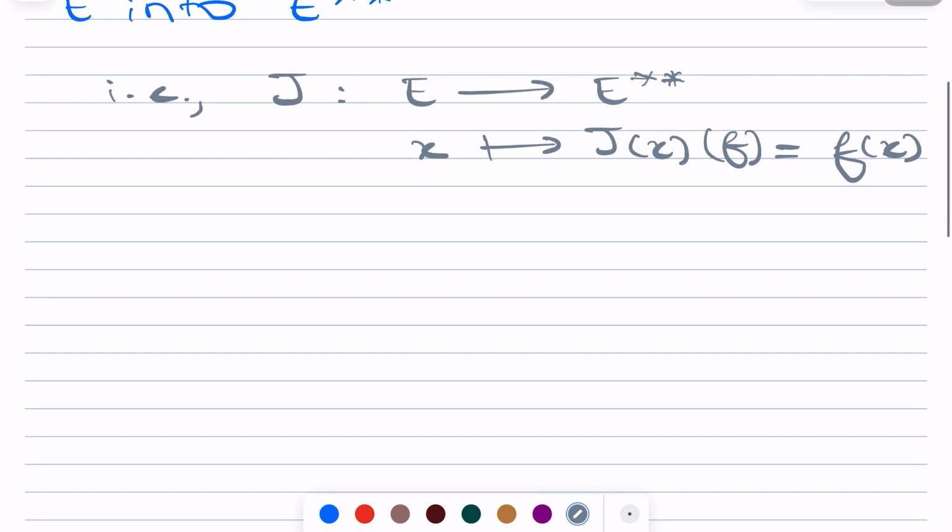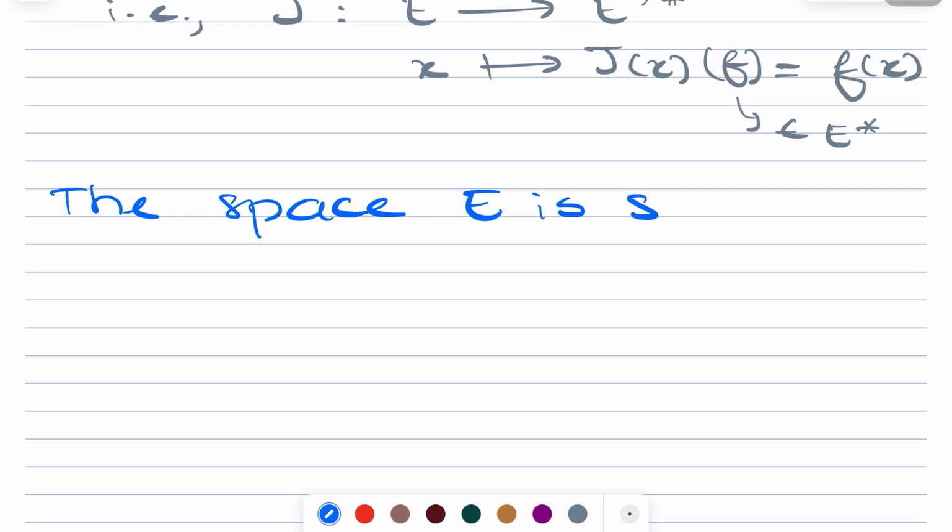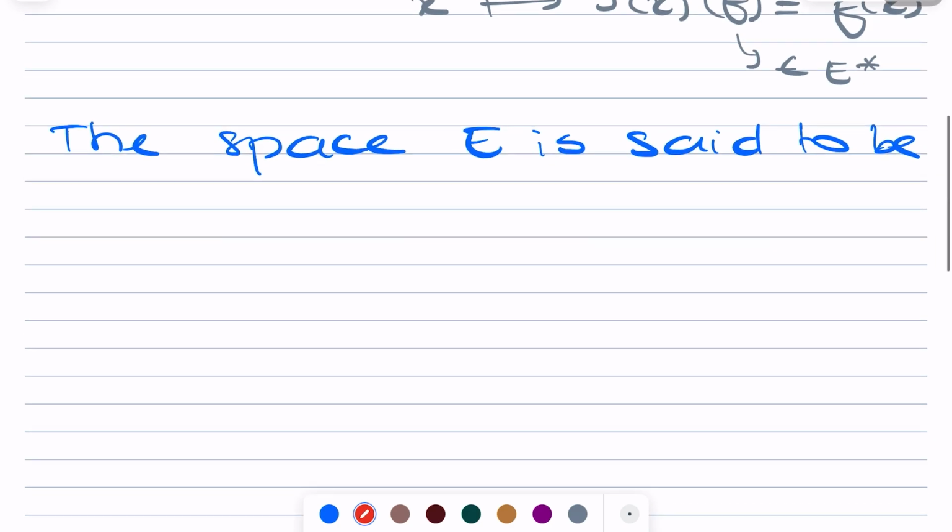Of course, this f is an element of the dual space. So the space E is said to be reflexive if the canonical embedding is surjective.